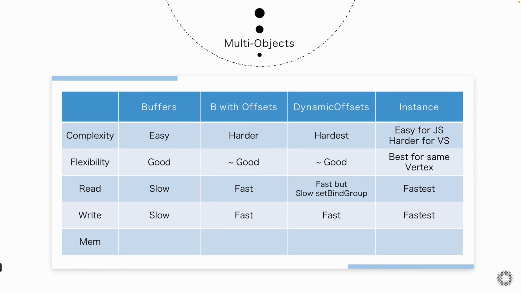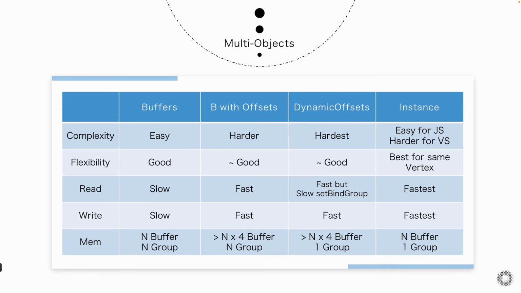In terms of memory, the first method uses discrete buffers, so there is no redundant data itself. So n objects just need n buffers, and we just need to create n groups. For the second and third methods, we need to follow the offset limitation, so we consume more memory.